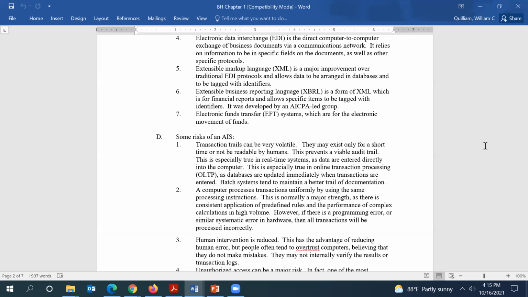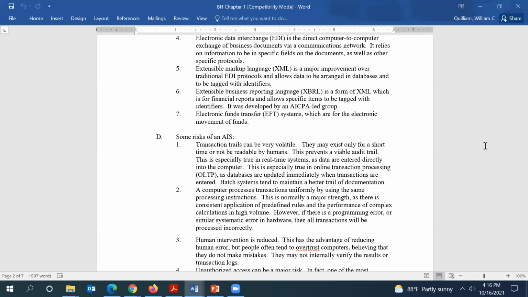Then number 2, a computer processes transactions uniformly by using the same processing instructions. And that's normally a major strength because there's a consistent application of predefined rules and performance of complex calculations in high volume.